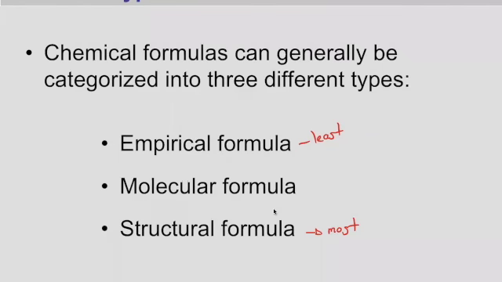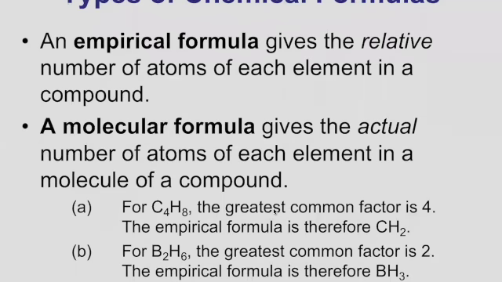The empirical formula is going to give you a relative number of atoms of each element in a compound. Just pretty much gives you an idea what you have in there. A molecular formula is better because it tells you exactly how many atoms you have of each element.